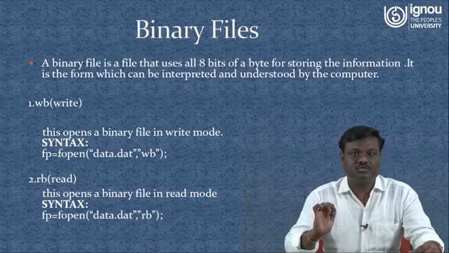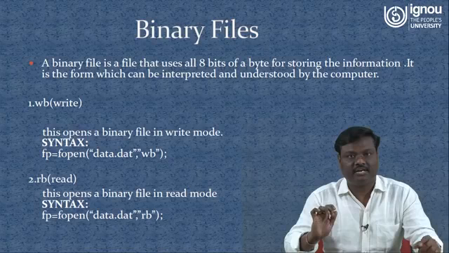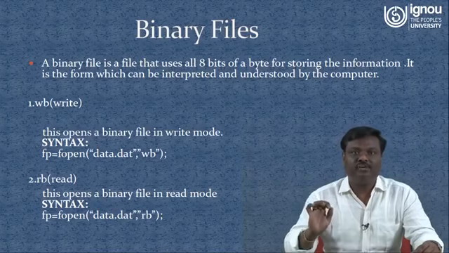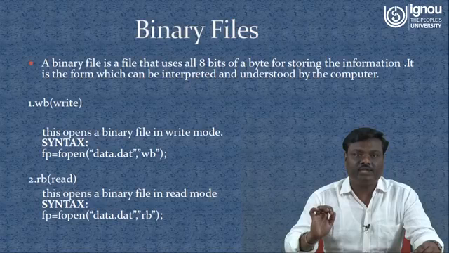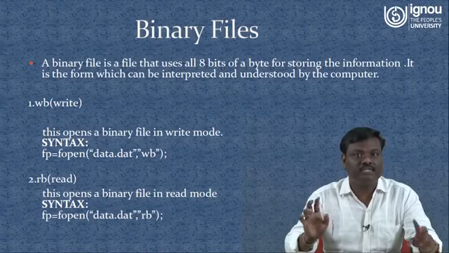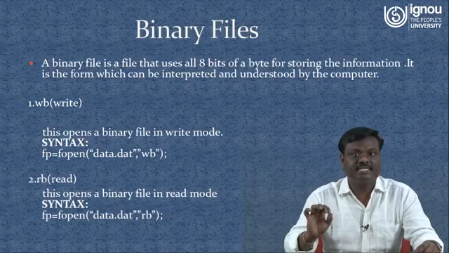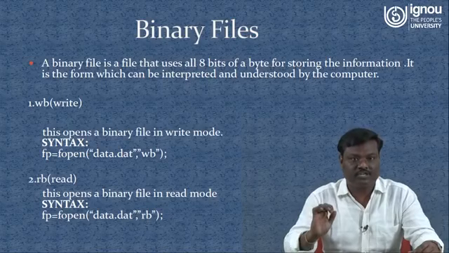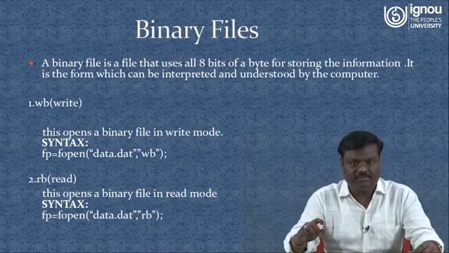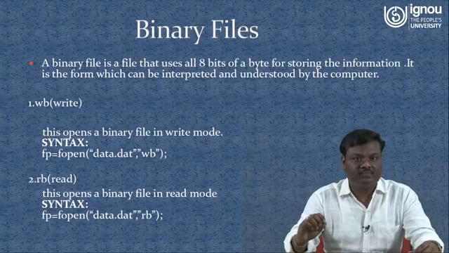So W itself denotes the write mode for a text file, right? But when you work with a binary file, you should write WB. Compulsorily you should write WB within the double quotes as the second argument of the fopen function. You can see a simple example here. FP is the file pointer.